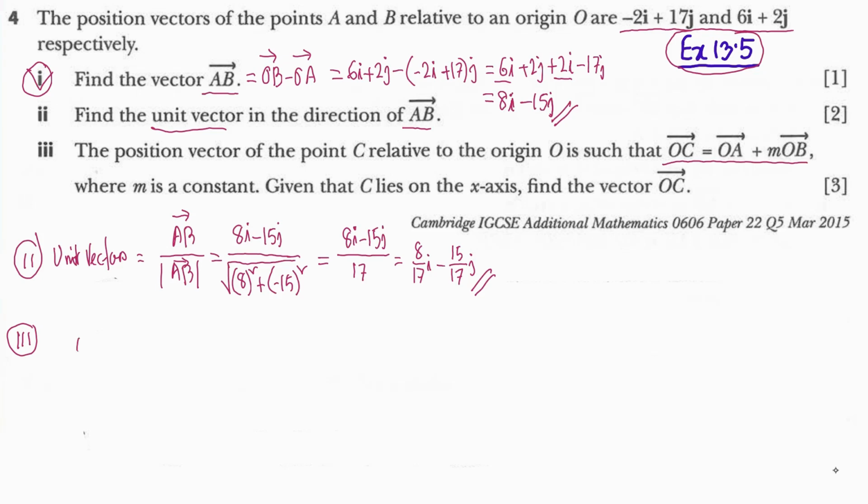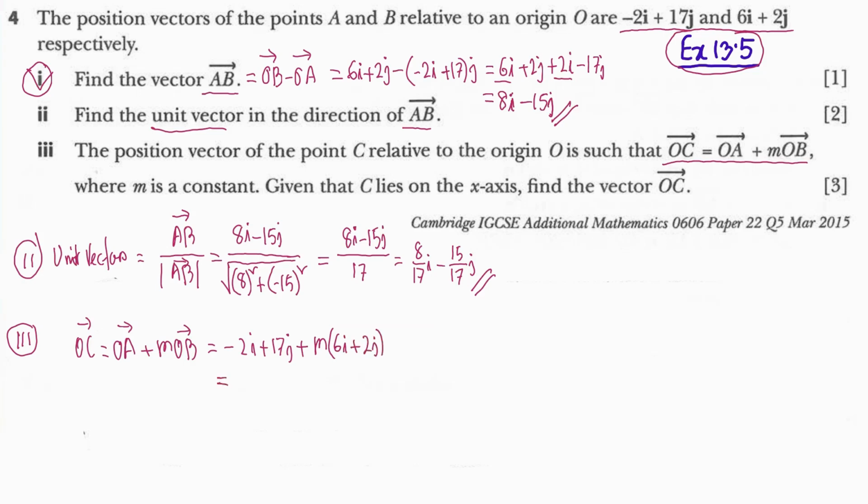Let me write it first. OC equals OA plus m of OB. OA is our given vector, minus 2i plus 17j, then plus m of OB, the second vector, 6i plus 2j.